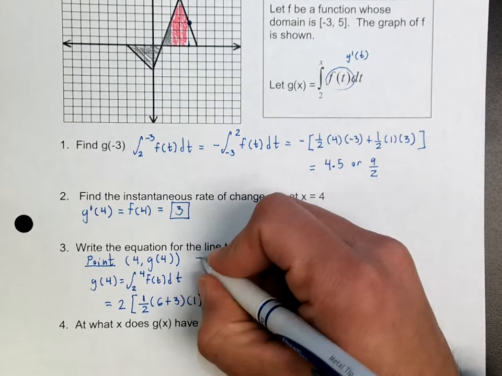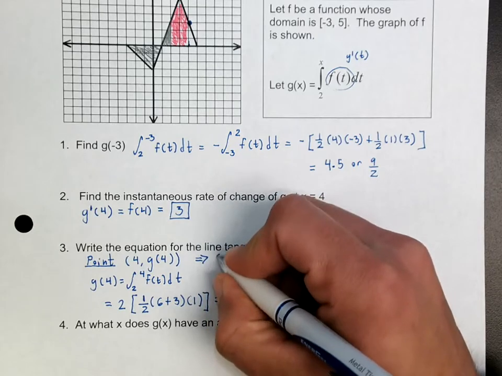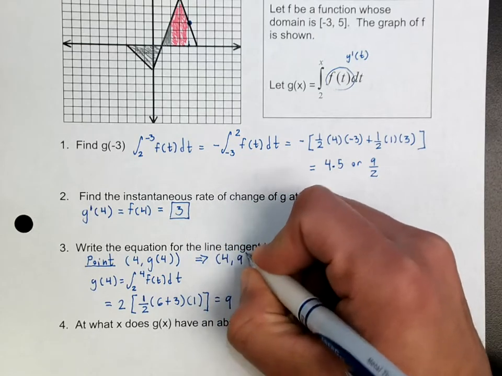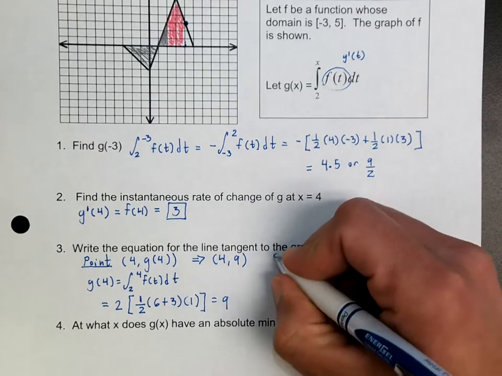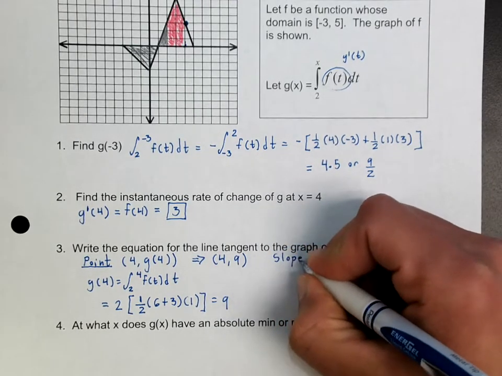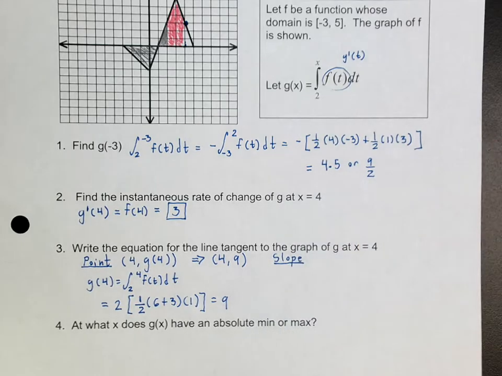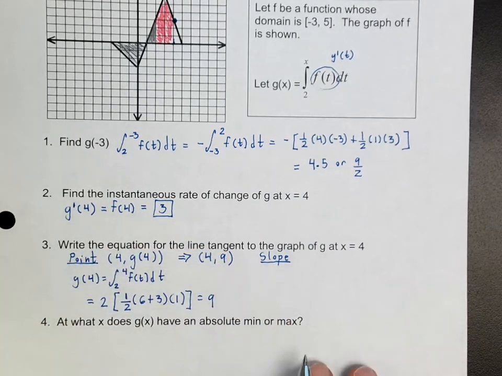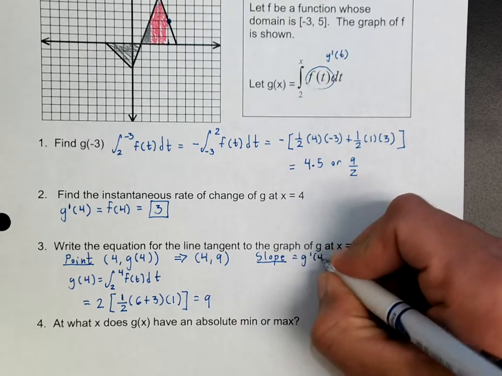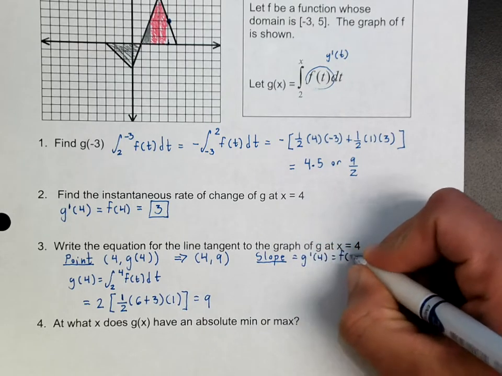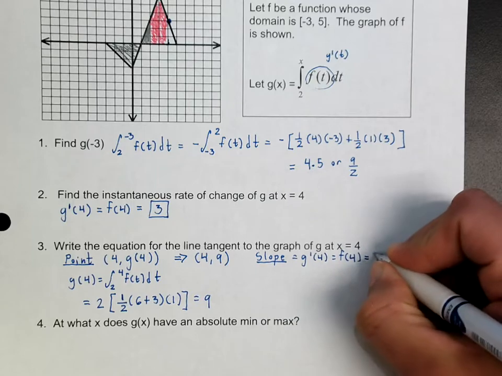So that means that this point right here is (4, 9). That's what I need. Now, the slope at 4 is already given to me. That's actually what I just found right here. So the slope is equal to g prime of 4, which is equal to f of 4, which is equal to 3.